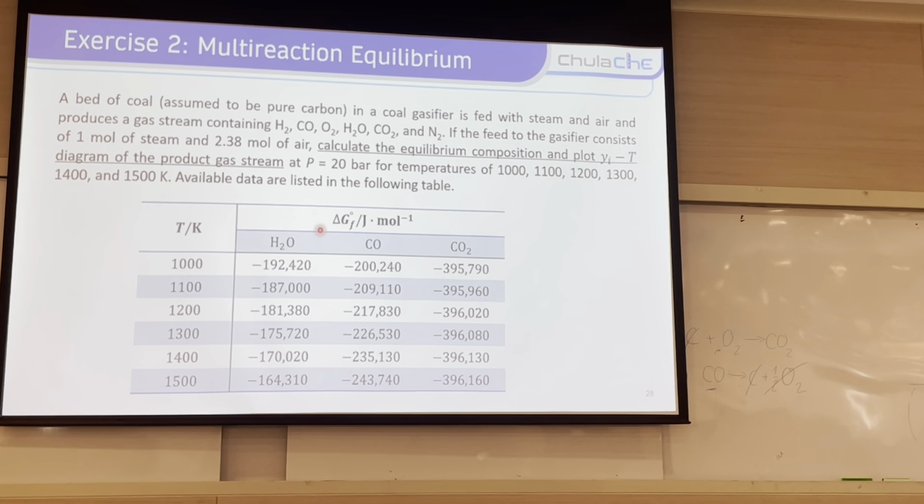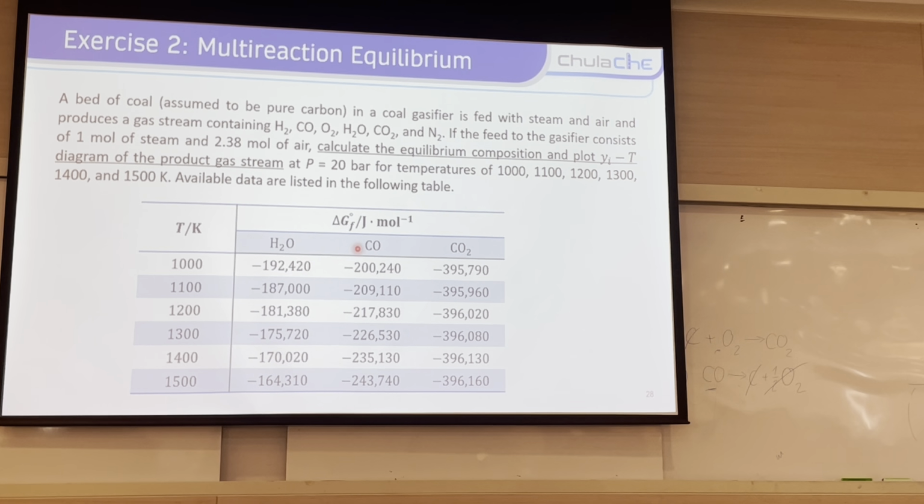So they also provide the standard Gibbs energy change for this reaction at each temperature as well. So this is for each species: water, carbon monoxide, carbon dioxide. Do you wonder why they don't provide it for hydrogen, oxygen, and nitrogen? Because it's the same procedure that I showed you to determine the number of independent chemical reactions.